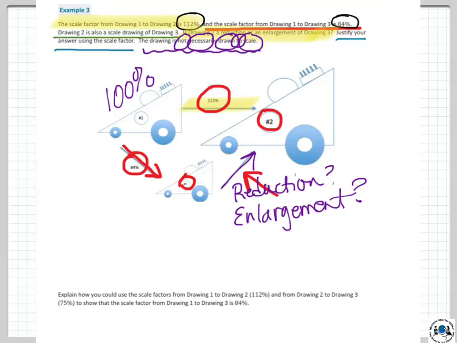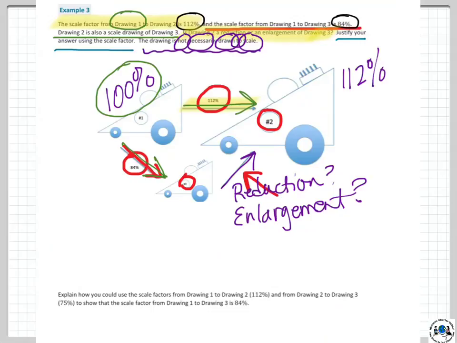Because we have the scale factor, we're going from drawing 1 in this case, and from drawing 1 in this case as well. So it is our original in both of those cases. Those two things we know. So drawing 1 is going to stand as our 100%.